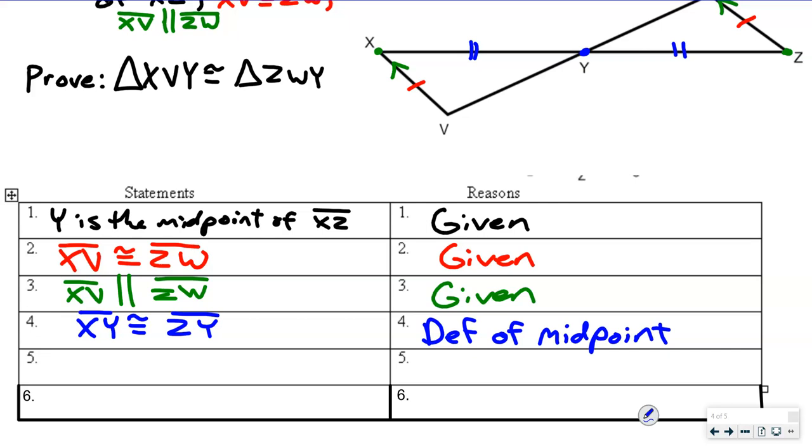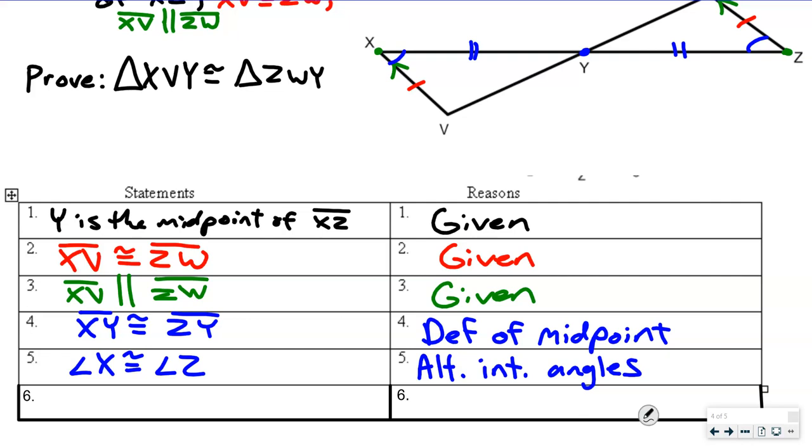So angle X and angle Z are congruent because of alternate interior angles.